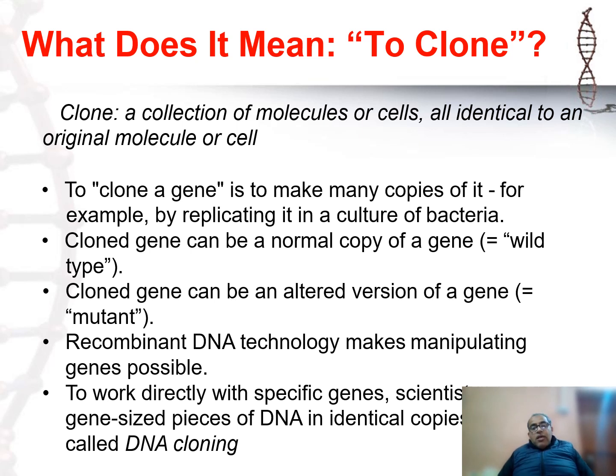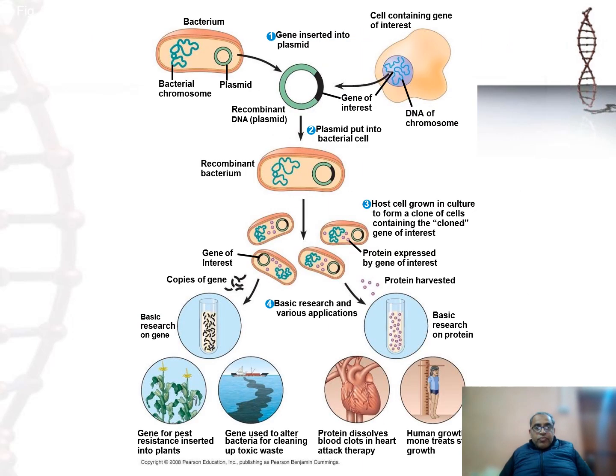For that purpose, we use recombinant DNA technology, where we manipulate genes and use different tools, in which, as we just saw in the previous slide, we use vectors and bacterial hosts, and using those bacterial hosts we produce identical copies of that particular gene.